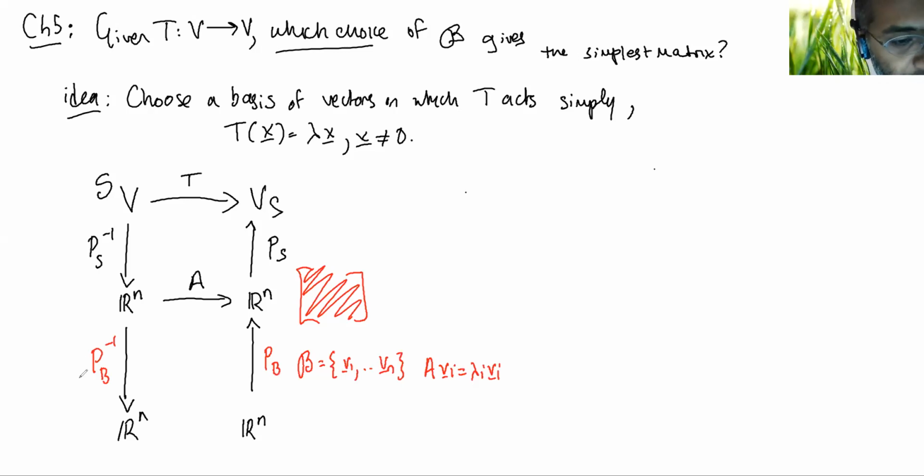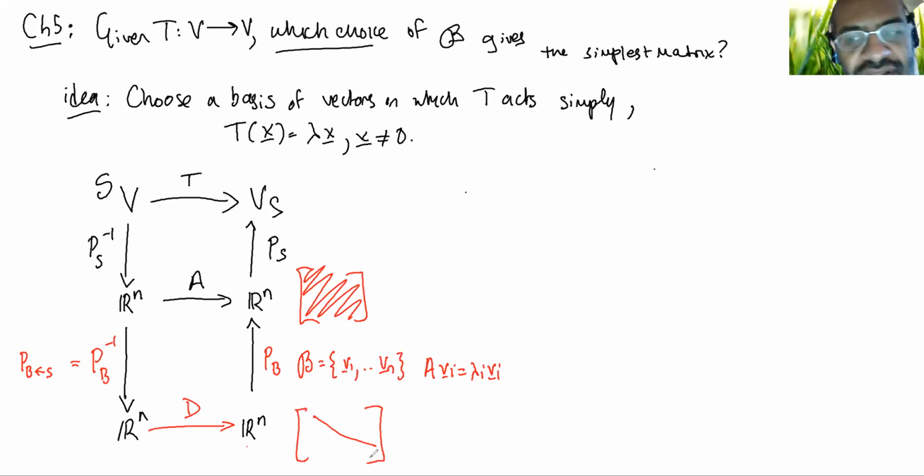So really, the way this is to be interpreted is that this is the P of B from S matrix. And now the punchline is the thing you get down here is great, it's diagonal. Okay, so that's what chapter 5 means and how it connects to chapter 4.